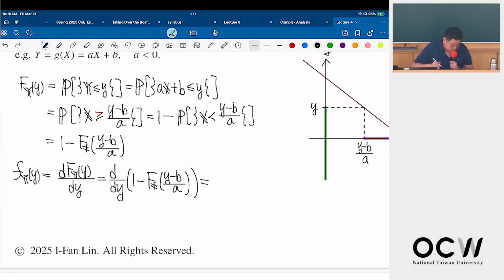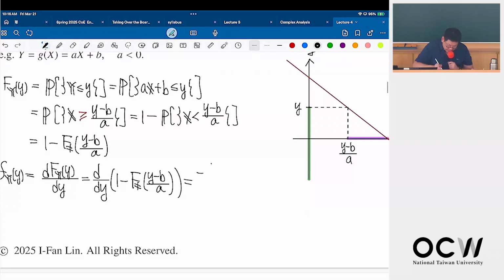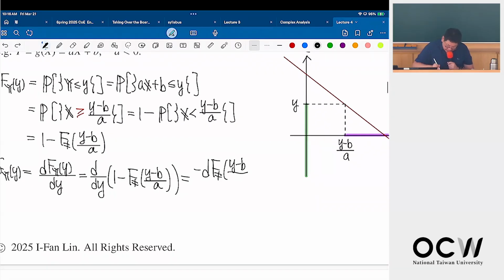Using the chain rule, we have minus the derivative of the CDF of x at y minus b over a, divided by dy.